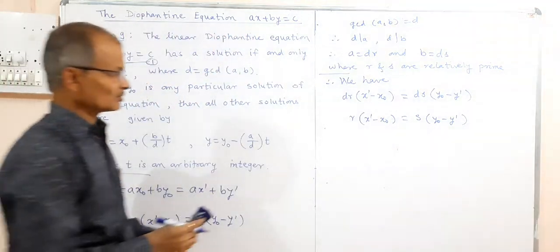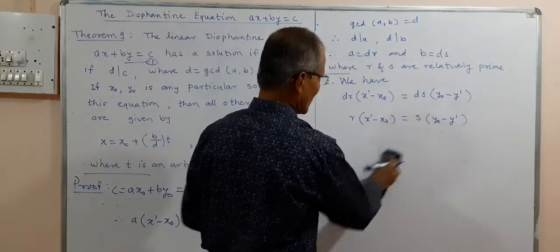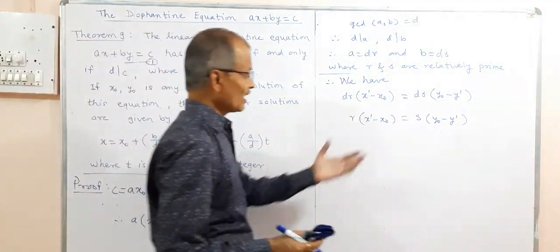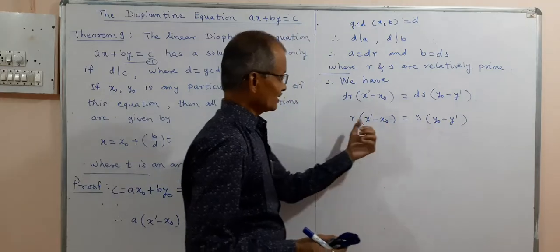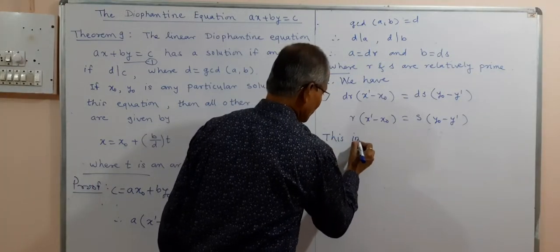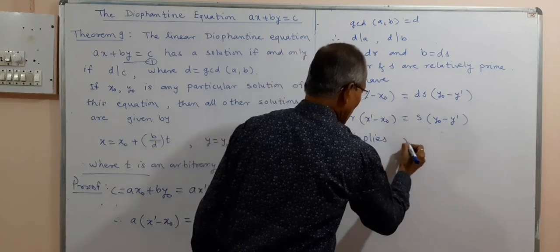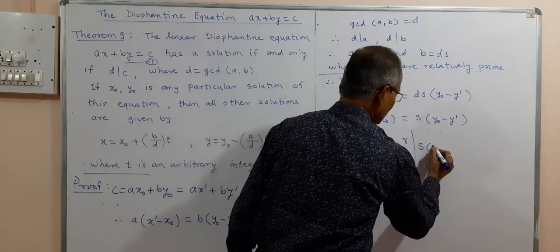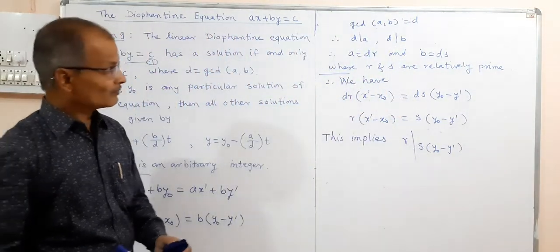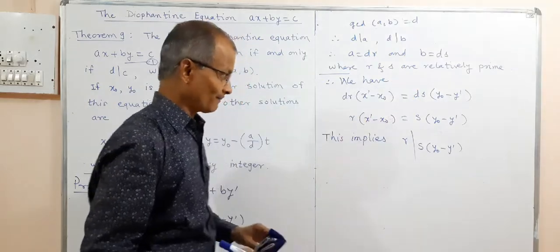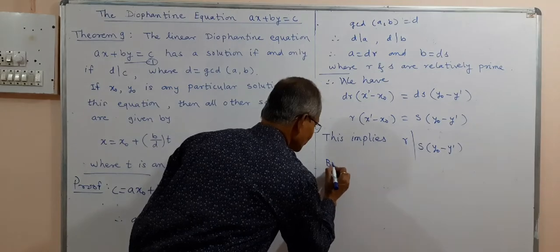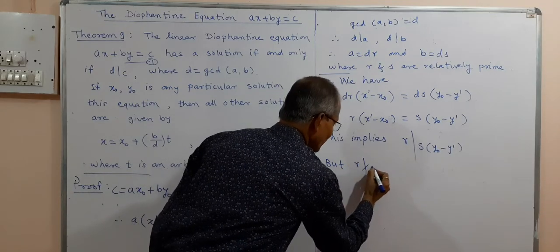And what this shows is that r divides s into y naught minus y dash, because this has r as a factor. So therefore this implies r divides s into y naught minus y dash. Now we have written r and s are relatively prime, and therefore r does not divide s.